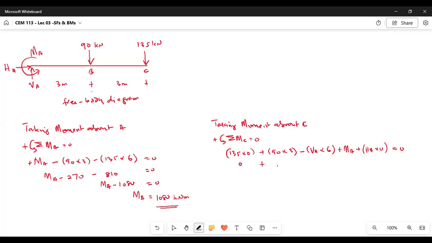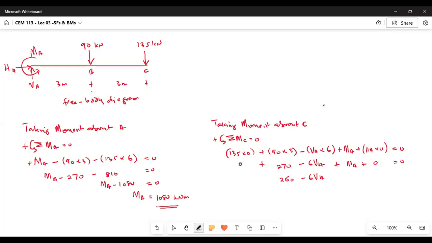This will give us 270 minus 6 VA plus MA plus 0 is equal to 0. So we have 260 minus 6 VA.